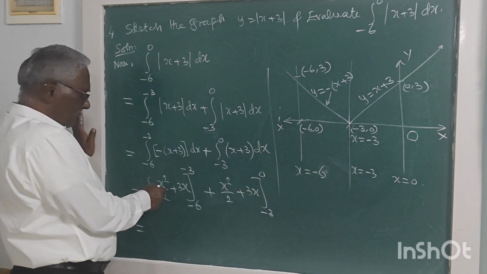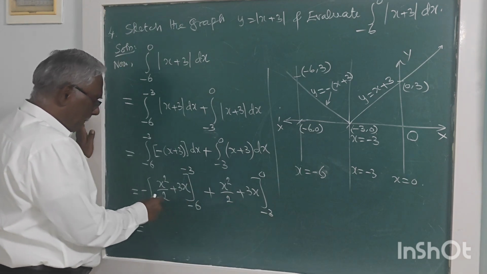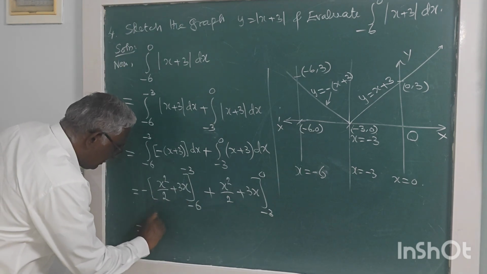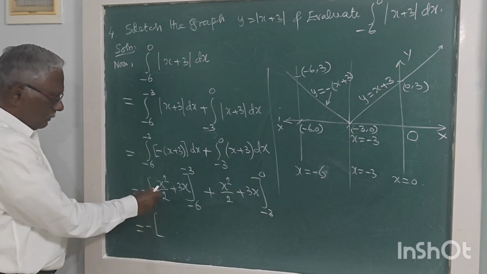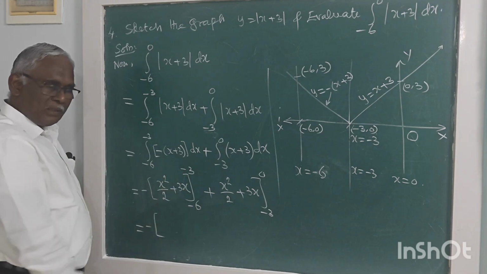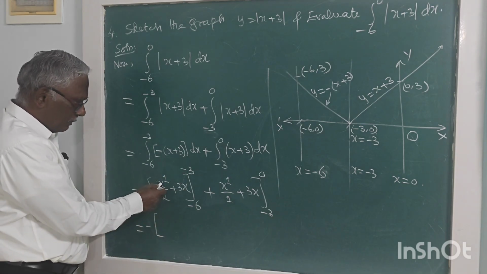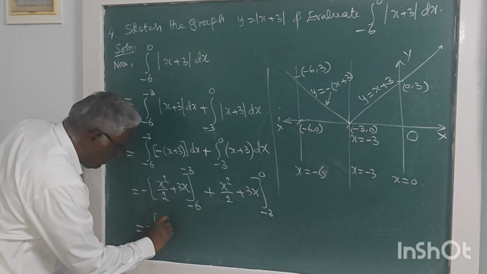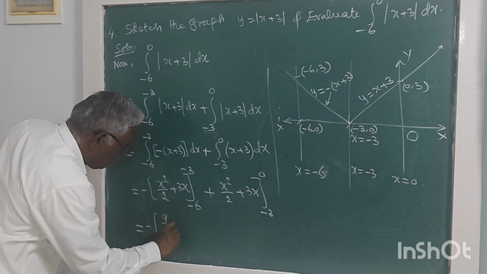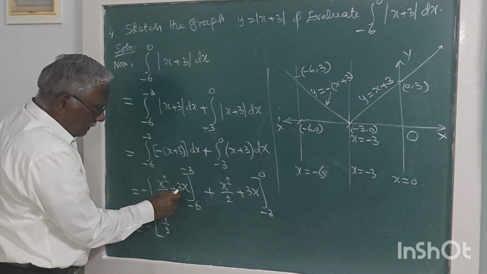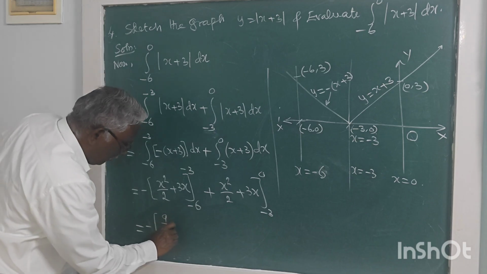Now for x we will substitute the upper limit, minus 3. x square, minus 3 square is 9, so it will be 9 by 2. Then plus 3 into minus 3, so minus 9.